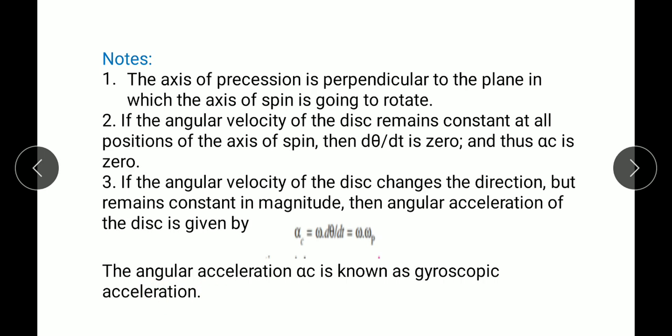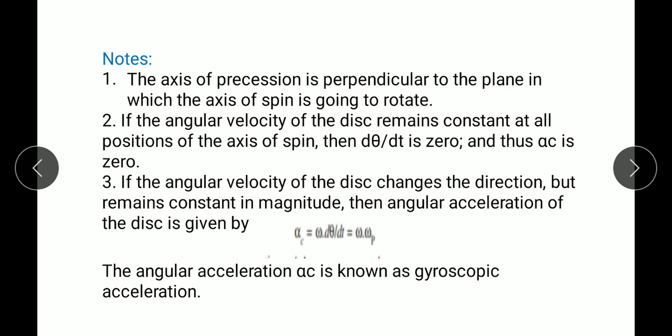So when the angular velocity of the disk changes in direction but remains constant in magnitude, the angular acceleration is αc equal to ω dot dθ/dt, that is equal to ω dot ωp. So αc equal to ω into ωp. That is the gyroscopic acceleration.